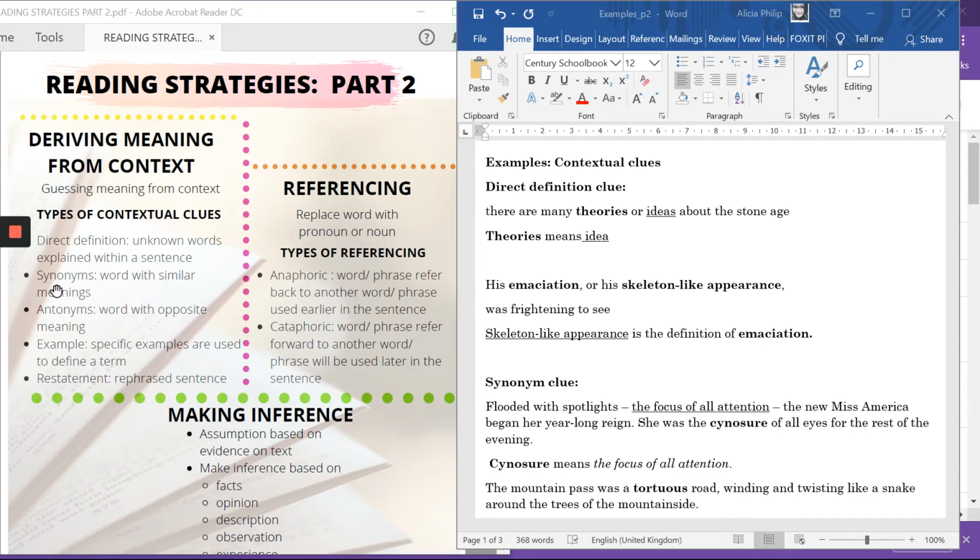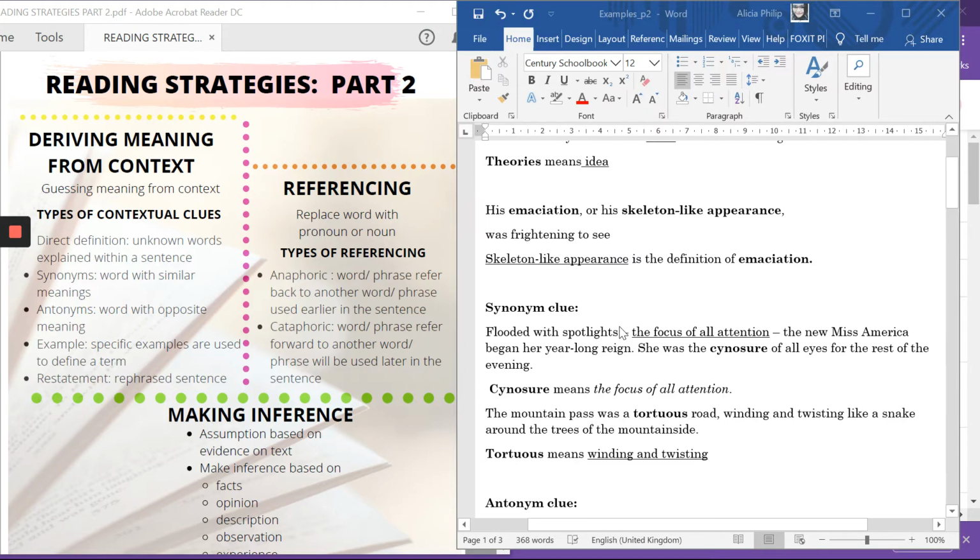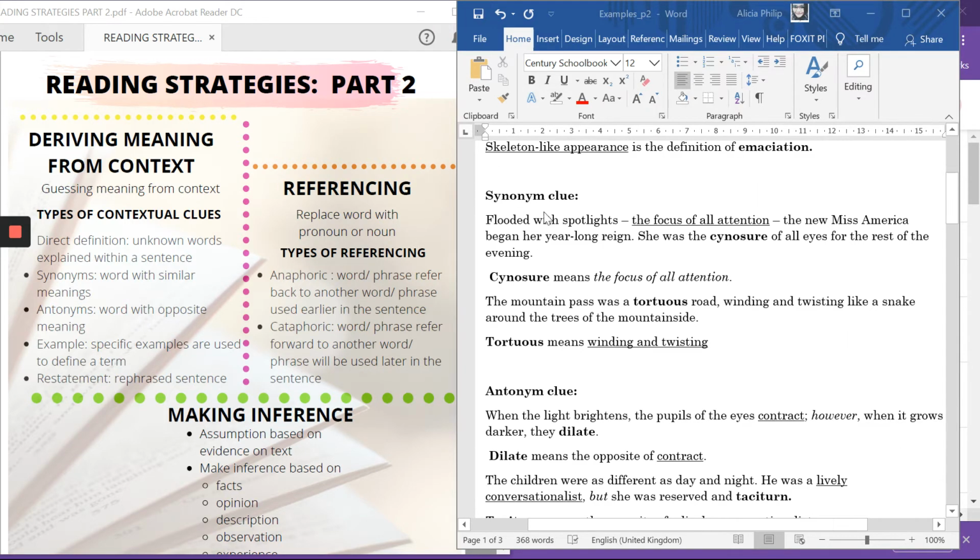Now, let's look at the second type of clue, which is a word with similar meaning. So let's look at the examples, synonym clues. If you look here, cynosure. What does cynosure mean? It looks like a big word, but you see, the focus of all attention. You know that the context is the spotlight, focus of all attention, Miss America.